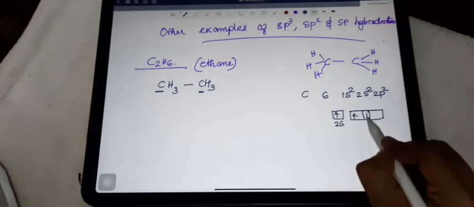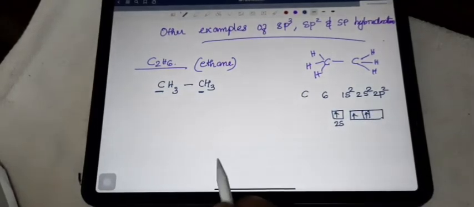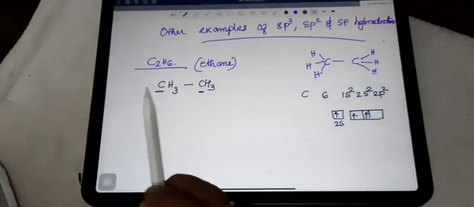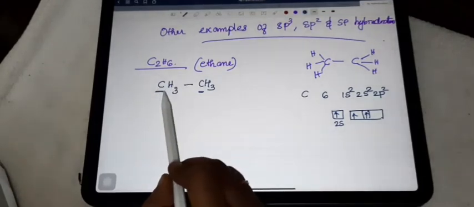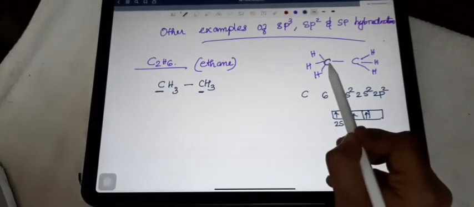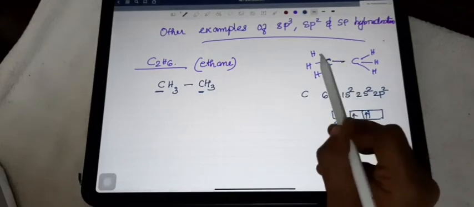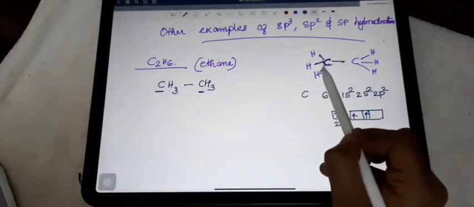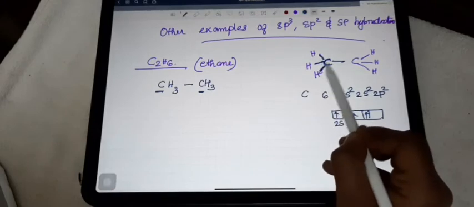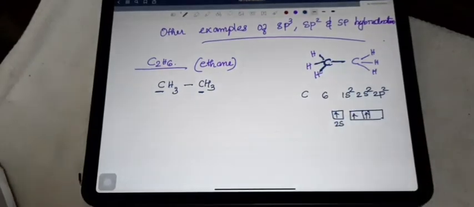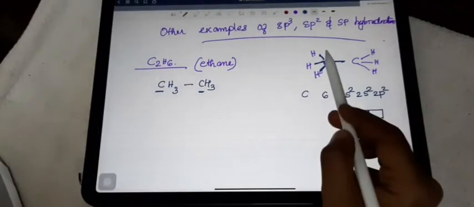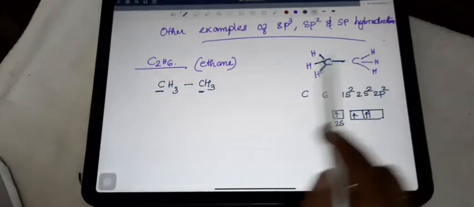But here you need to think one way. This carbon is joining with 4 other elements: 3 of them with hydrogen and 1 with the other carbon.